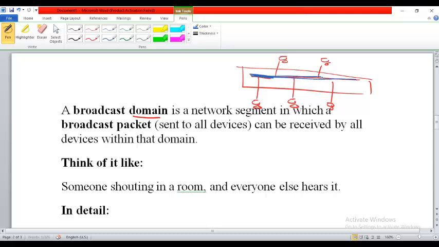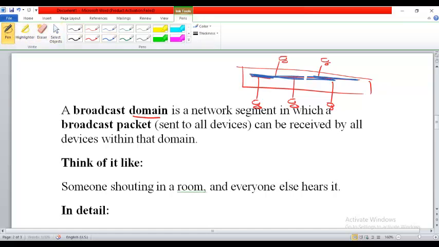If I have a break in the backbone, then now I have two broadcast domains. How? The broadcast that goes to this port will be sent here and here.